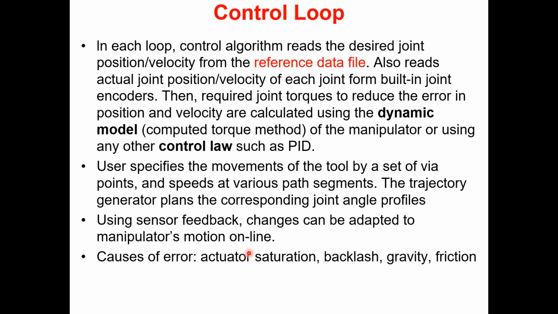But because of the backlash, the actual joint does not move for a while. After a little while, maybe 3-4 milliseconds later, it will start turning. So that will cause temporary errors in the trajectory.